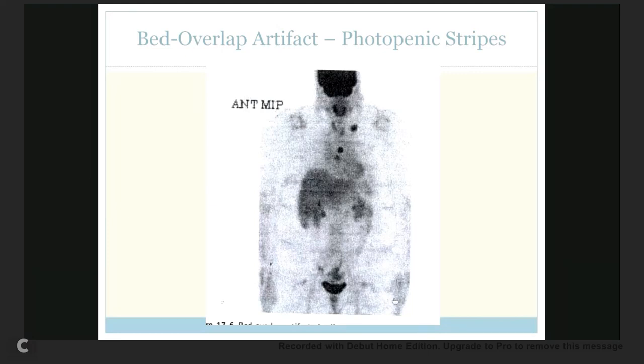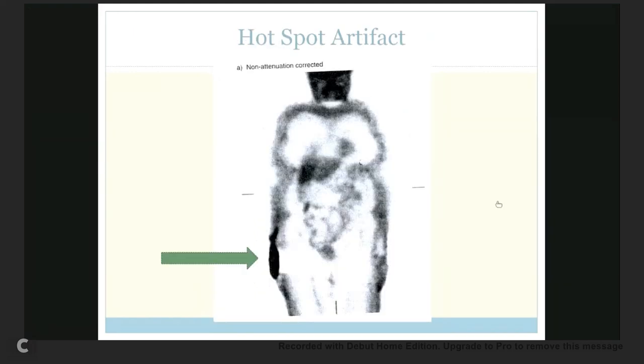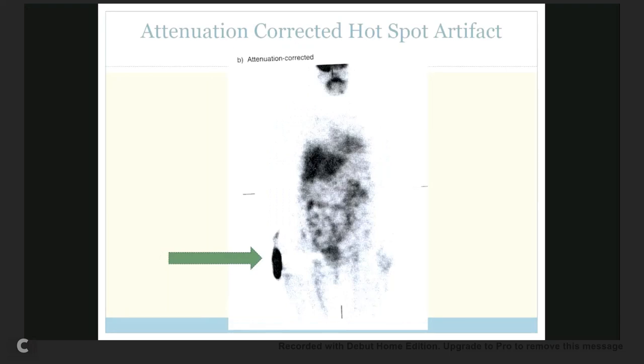This looks like a really husky individual. And then here, hotspot artifact. And this is with no attenuation correction, and this is with attenuation correction.